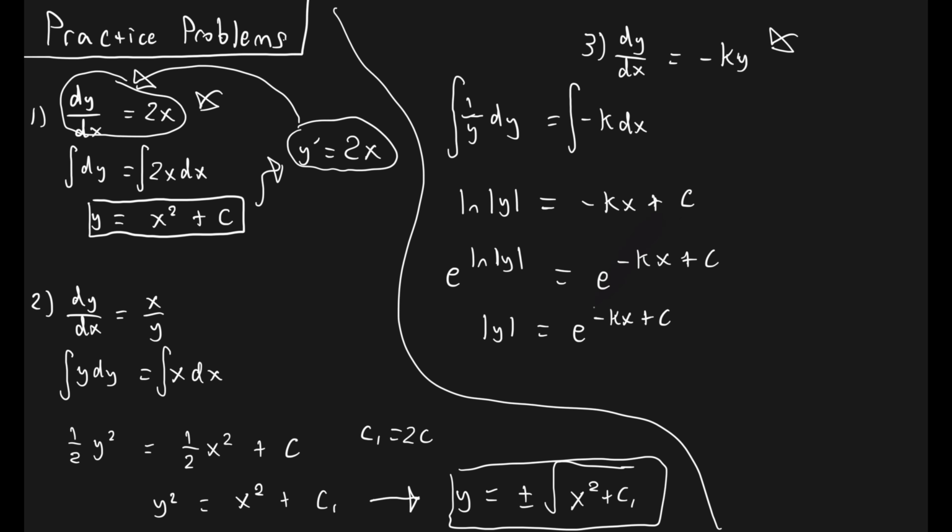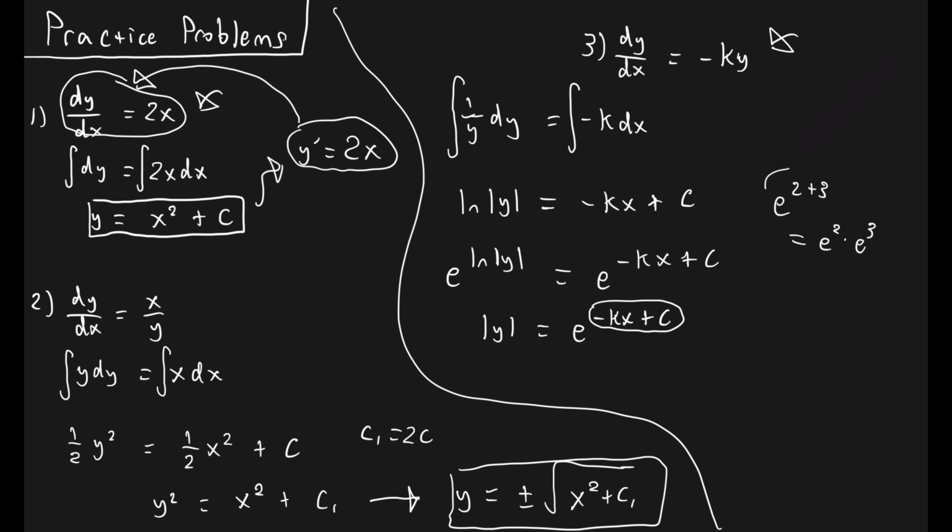Now, this also looks a little complicated, but luckily for us, there's a way we can simplify it. We know that e is a constant. And what's the rule about exponentials? Well, for example, if I had e to the 2 plus 3, this can be rewritten as e to the 2 times e to the 3.